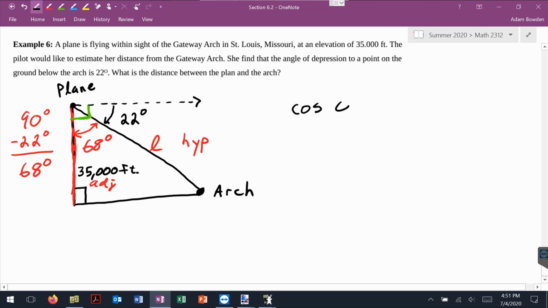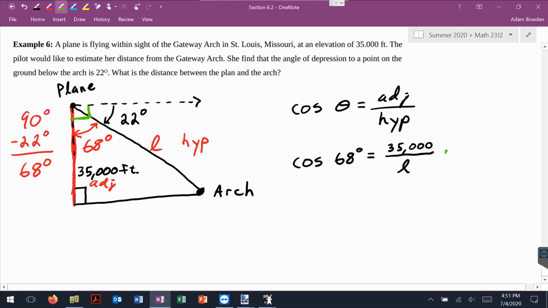That would be the cosine. Cosine is adjacent over hypotenuse. So in this case, it would go cosine of 68 degrees equals the adjacent 35,000 divided by the hypotenuse L.